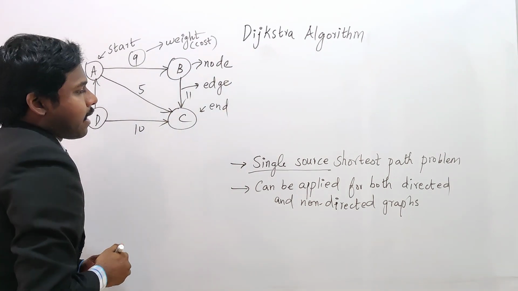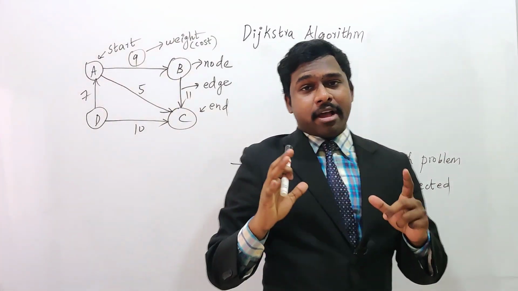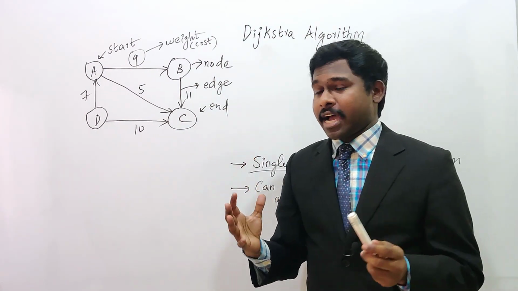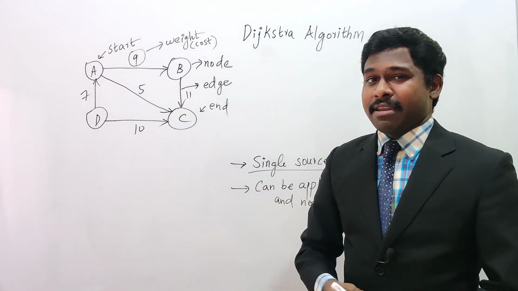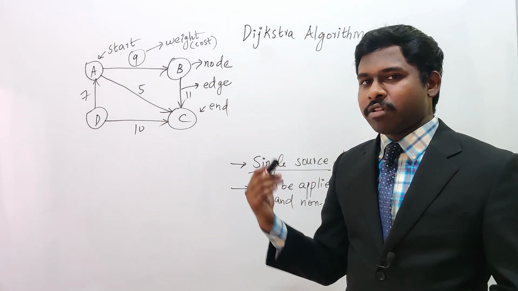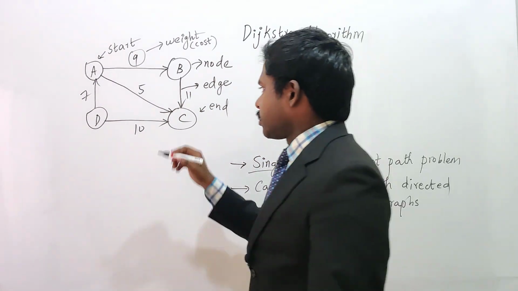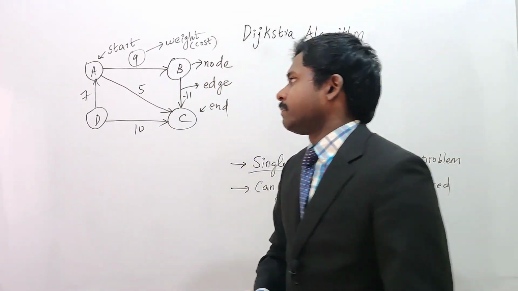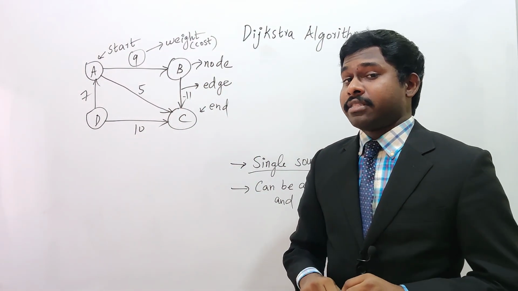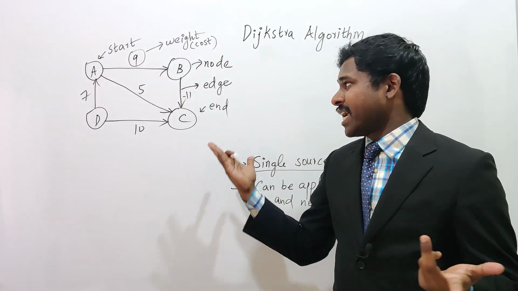Okay? Now, the drawback of this Dijkstra algorithm is that maybe sometimes these weights can be having negative values. In that case, will this algorithm work? So if it's minus 11 here, okay, sometimes the algorithm works, but sometimes this algorithm doesn't work for negative values.